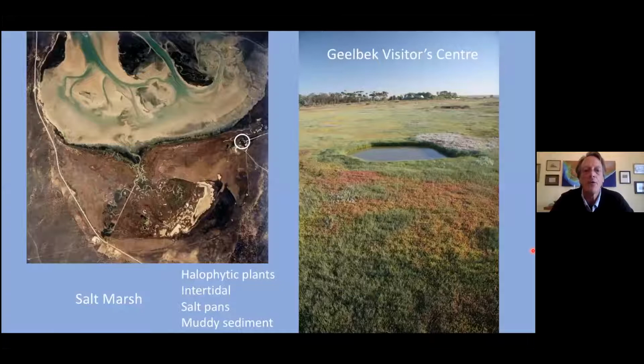Now, if we go to the southern end of the lagoon, there are beautiful examples of the salt marsh. This circle here shows you the Geelbek Visitor Center, shown here in the distance on the picture on the right. And basically, you've got lovely, large expanses of salt marsh here. Here's a close-up on the right taken from the boardwalk as you walk out to the bird hide.